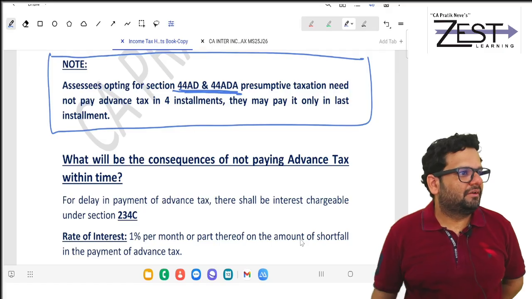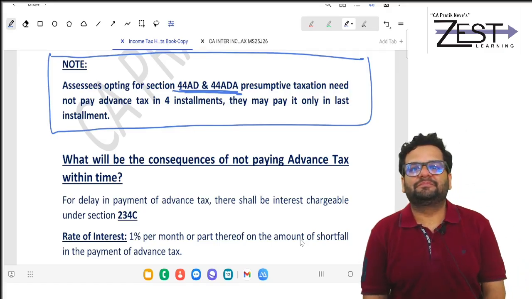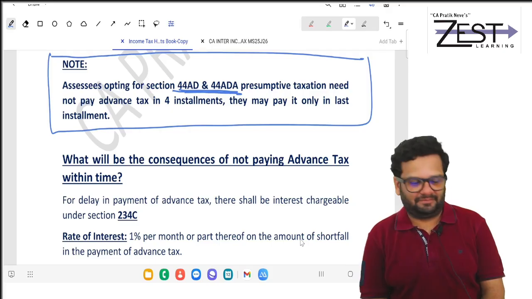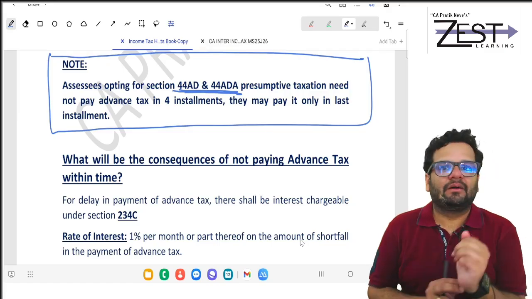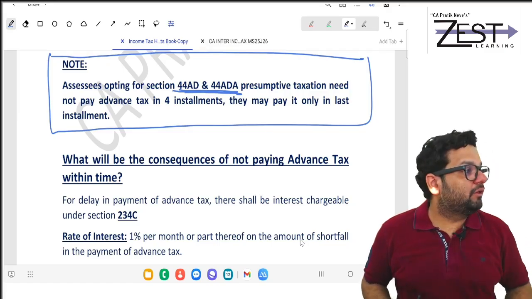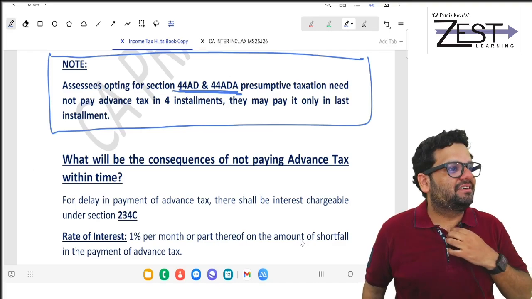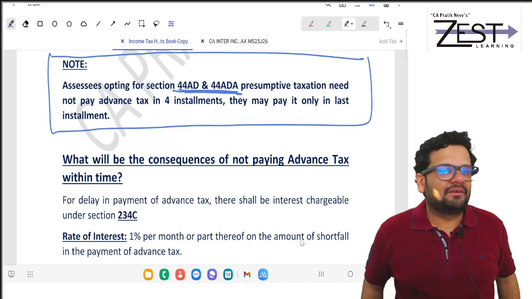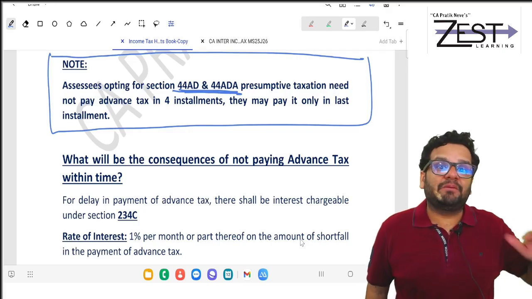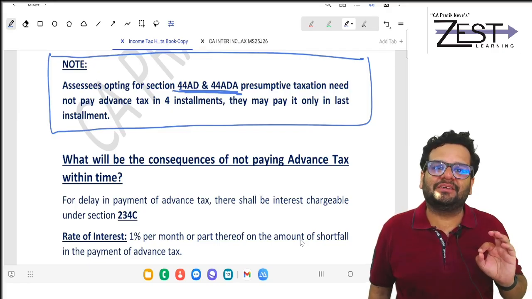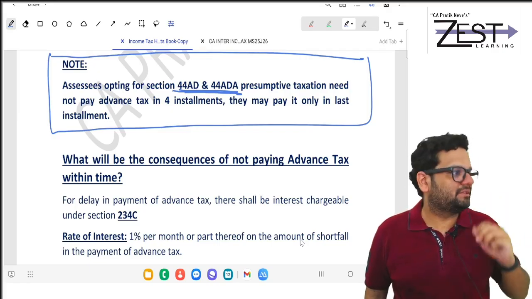In short, one presumptive taxation is left here, 44AE. 44AE people will have to pay advance tax in 4 installments as usual.